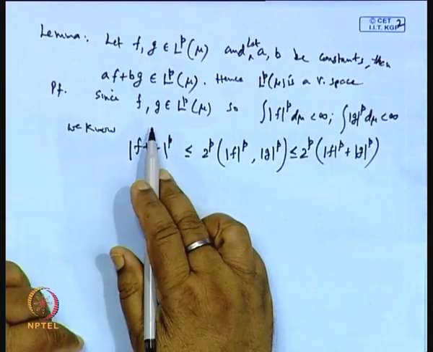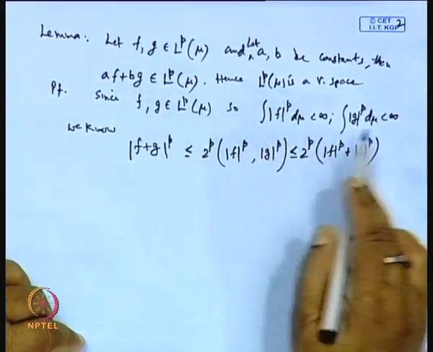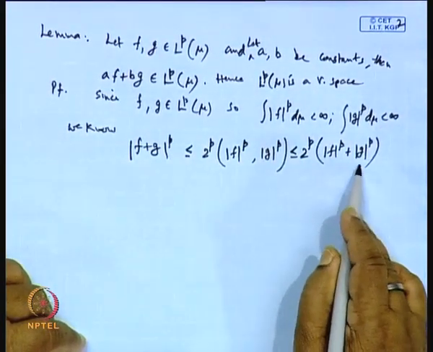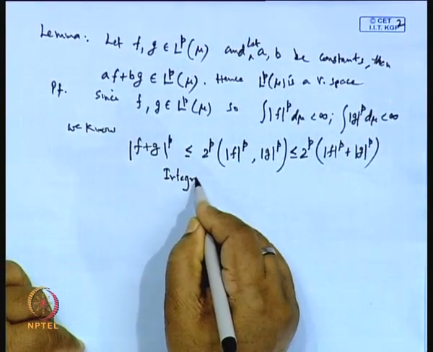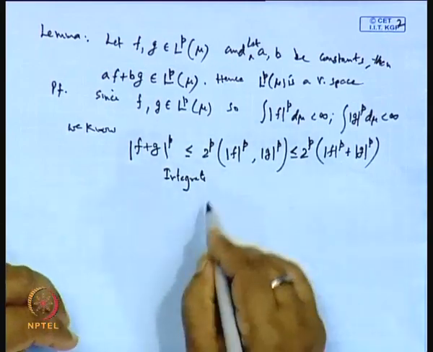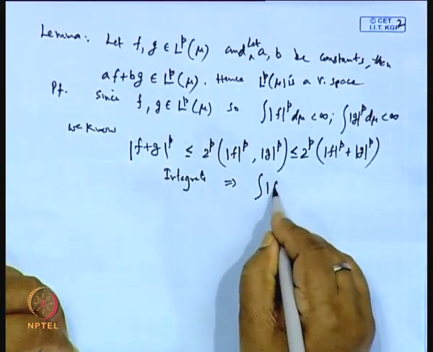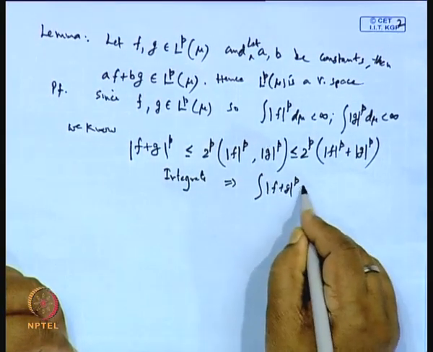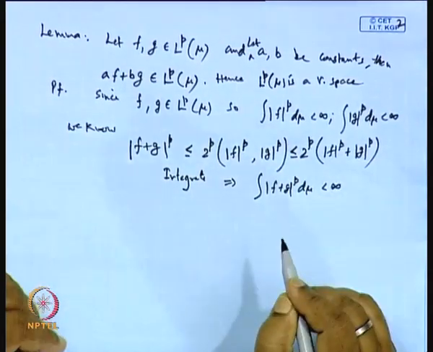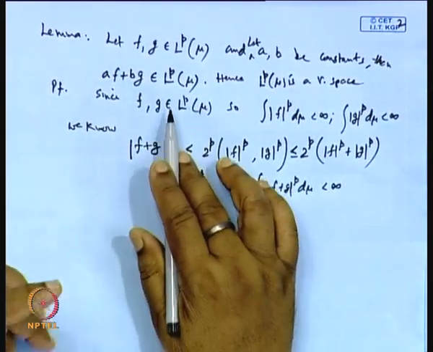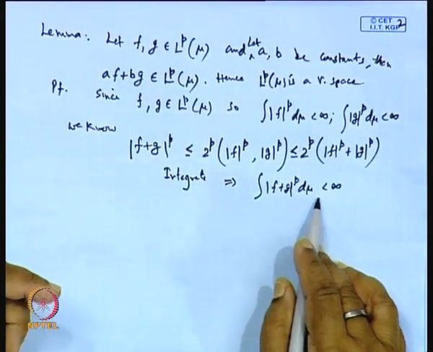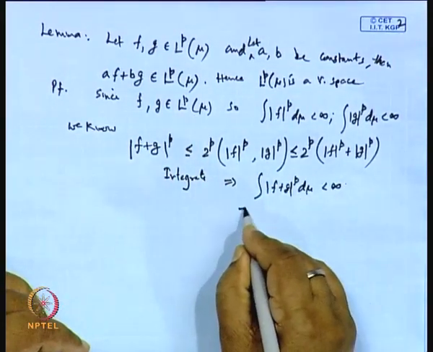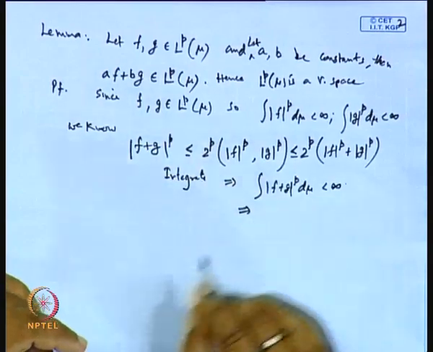Now, since f and g belong to LP, this is finite, and this one is finite. Therefore, when you integrate both sides, we see that the integral of mod f plus g to the power p d mu is finite. It means, if f is an element of LP and g is an element of LP, then f plus g must be an element of LP. Okay?